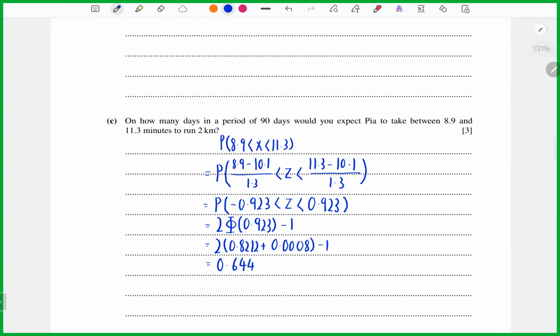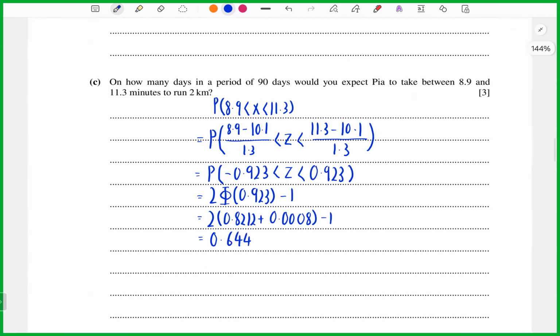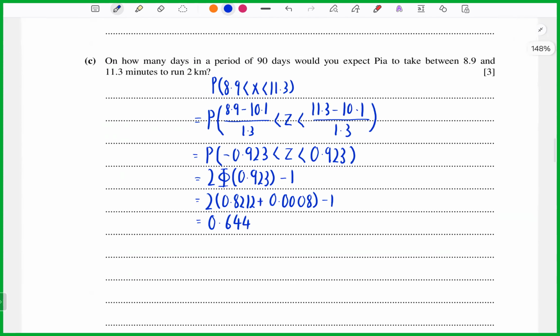And then the question says, how many days in a period of 90 days, so you can take the expected number of days equals 90 days multiplied by 0.644, which equals 57.96.